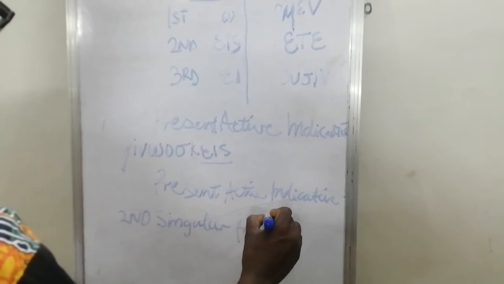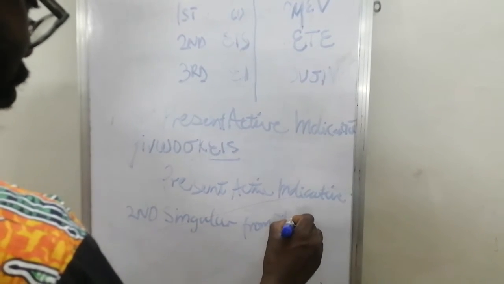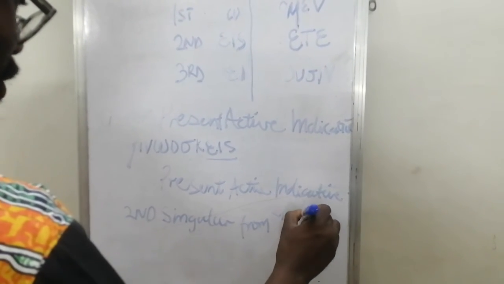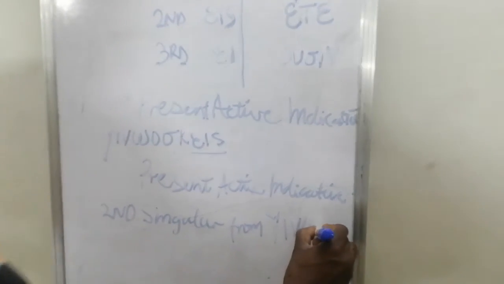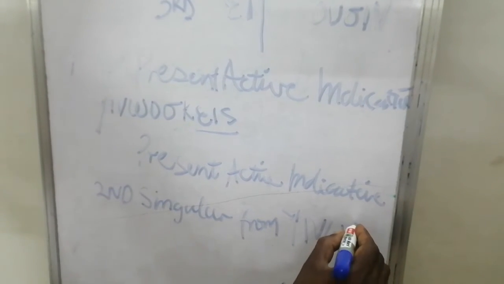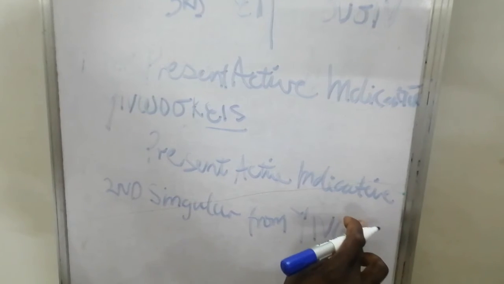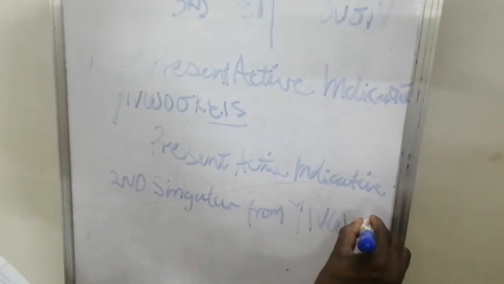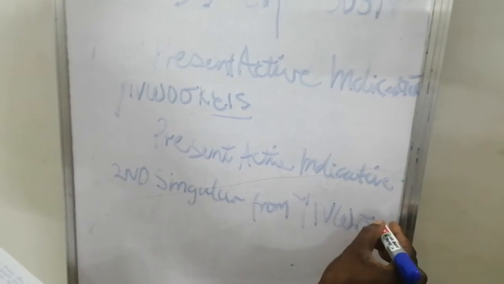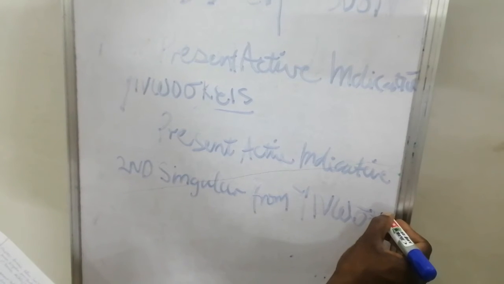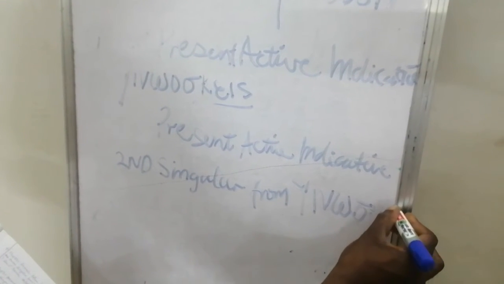So the root word goes: gamma, iota, nu, omega, sigma, kappa, omega. Ginosko. That's the root word.